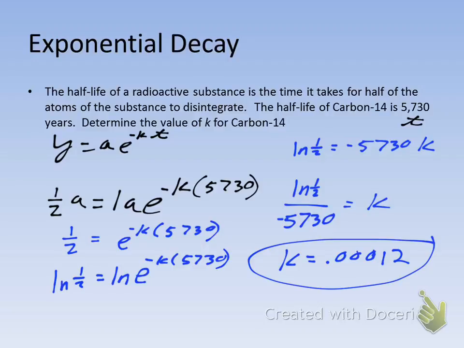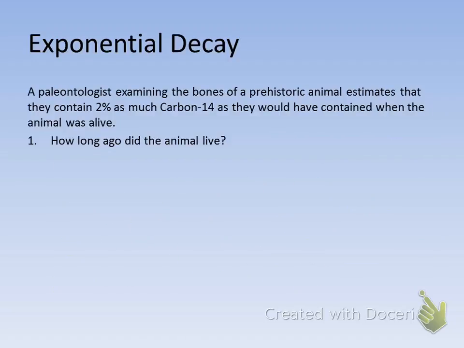The decay constant for carbon-14 is and always will be 0.00012. Now that I know you know where that comes from, on any test, quiz or homework, if it's talking carbon-14, that's the k you use. If it's a problem on a test, I will give that to you. The half-life of the decay, you're not going to even know how to do this.